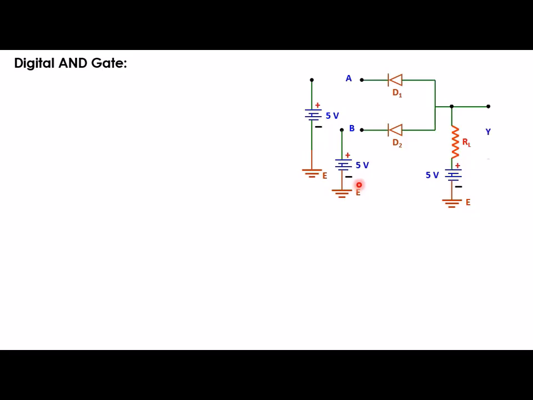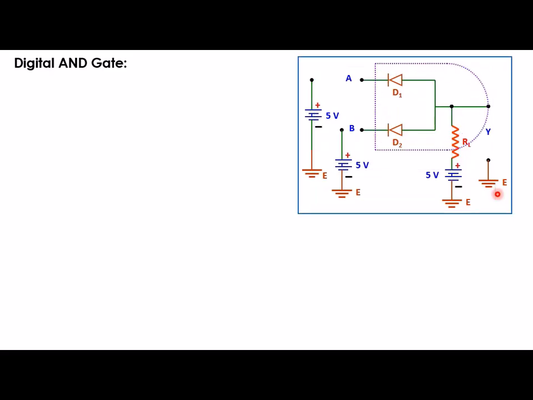And here we are taking output across this load resistance RL again. Now this circuit is going to show the logical AND operation, and the symbol for the digital AND gate is this one.